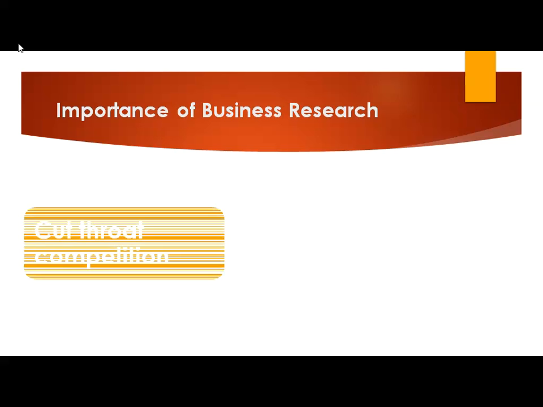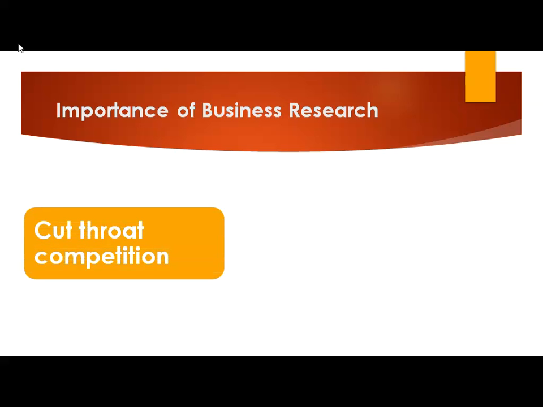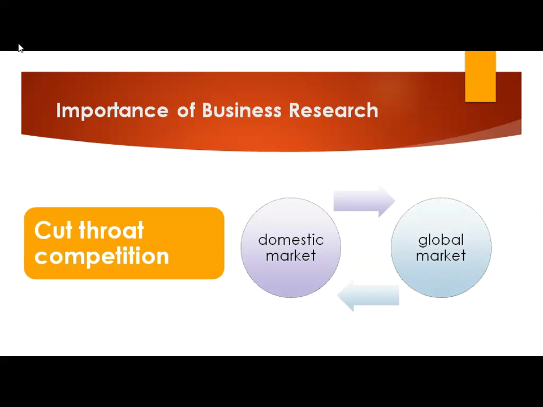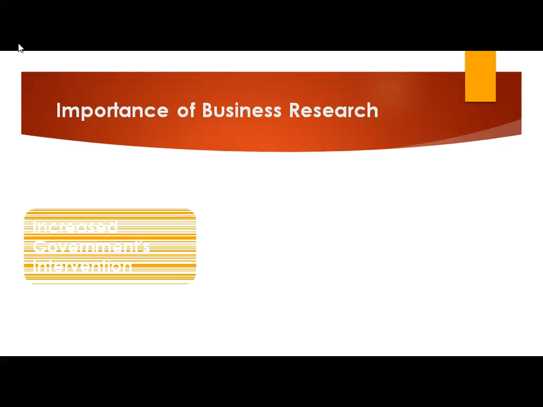Next is cutthroat competition. Stringent competition exists in both domestic as well as global markets. To establish the brand image, many organizations concentrate on their primary competencies and strive to compare and improve operations by reducing cost and adding value to the customers by incorporating the recommendations of the consumers.